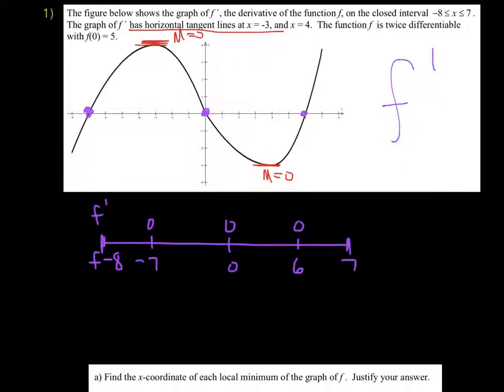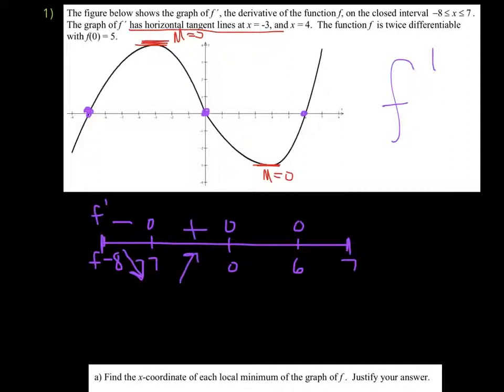I would say because it's below the x-axis, we would definitely say that that is negative, meaning that the graph of f would be decreasing there. Okay, between -7 and 0 in this interval, what's happening with the graph? Well, the graph is now above the x-axis, and so is positive there, increasing.